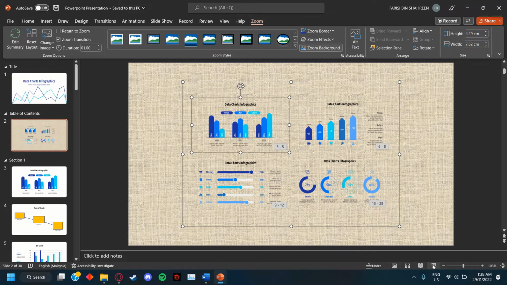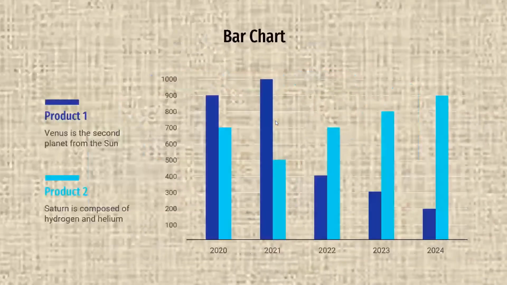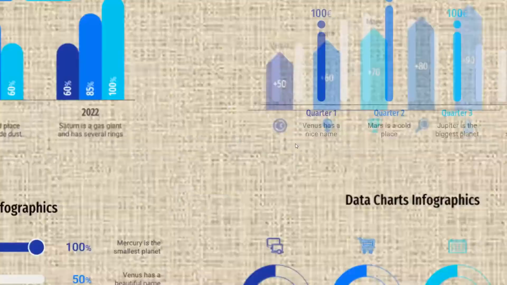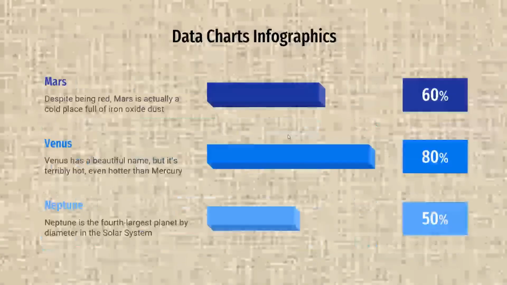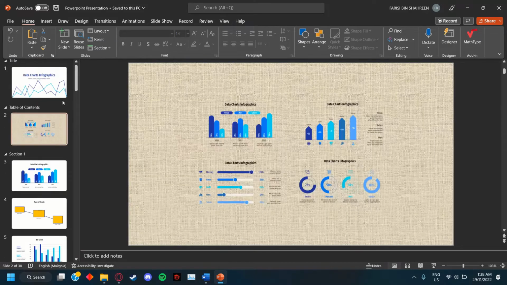And go back to the slideshow again to see if it works. Click the thumbnail. See, when the section ends, it goes straight to the next section without returning to the original slide. So if you prefer that, make sure to uncheck the box for the option.